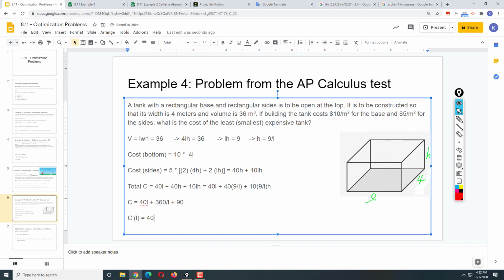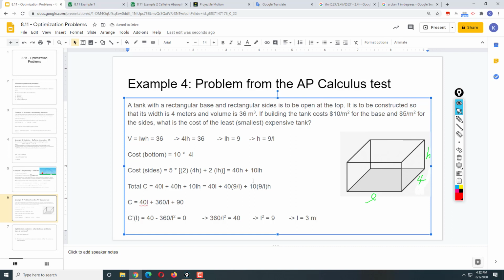The derivative of 360 over L, that's 360 times L to the negative 1 power, so that's negative 360 over L squared. The derivative of 90 is 0, so that thing is equal to 0. This means that 360 over L squared is equal to 40. That means L squared is equal to 9. We know L is positive. It's a real-life problem, the length can't be negative, so L is equal to 3.